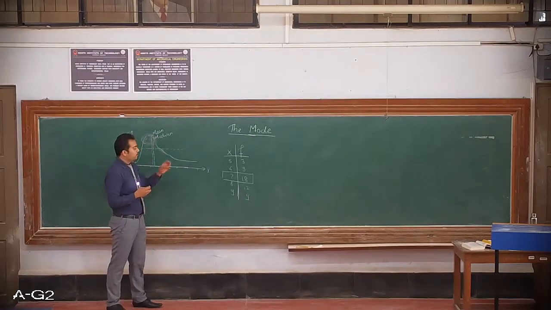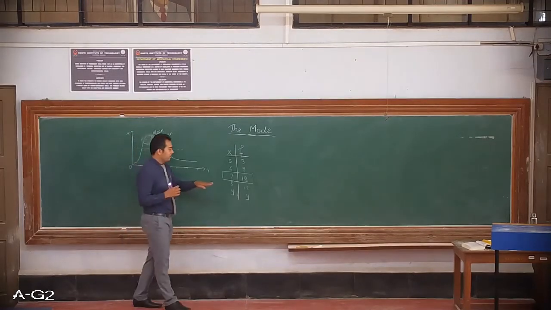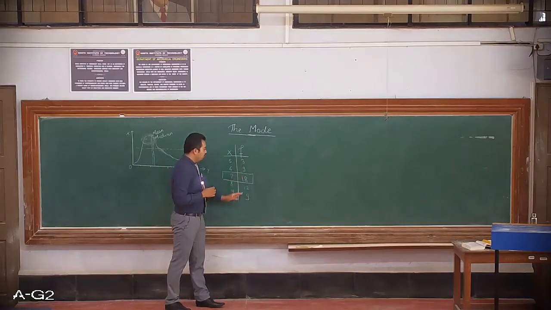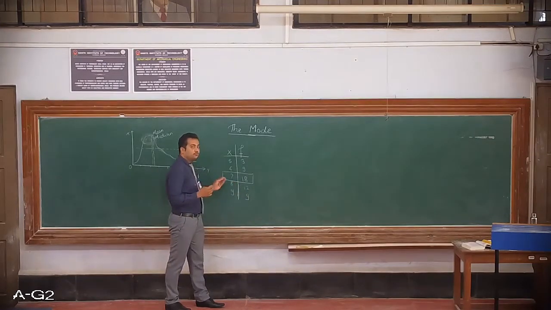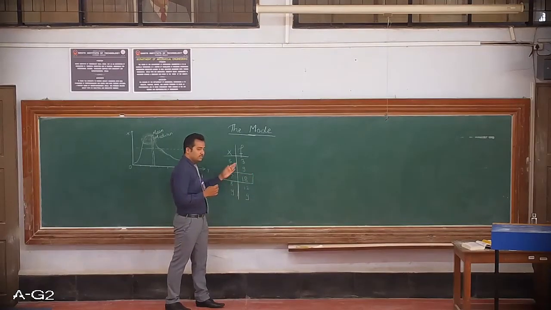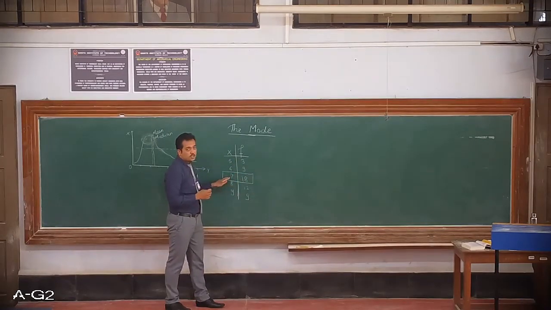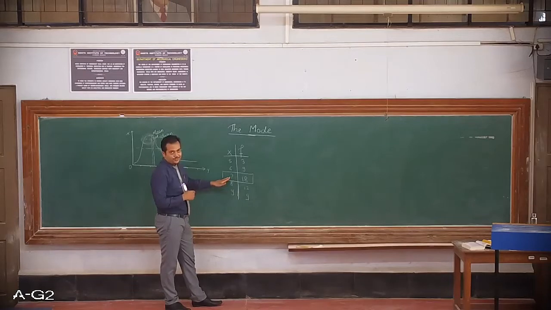This would be the modal value because it has the highest frequency. It is not only the highest frequency, it is considerably the highest, because the other 4 frequencies differ by much from 18. If we had 17 here, then we would have to follow a different method. Just from this it is clear that 7 is the mode of this entire distribution.